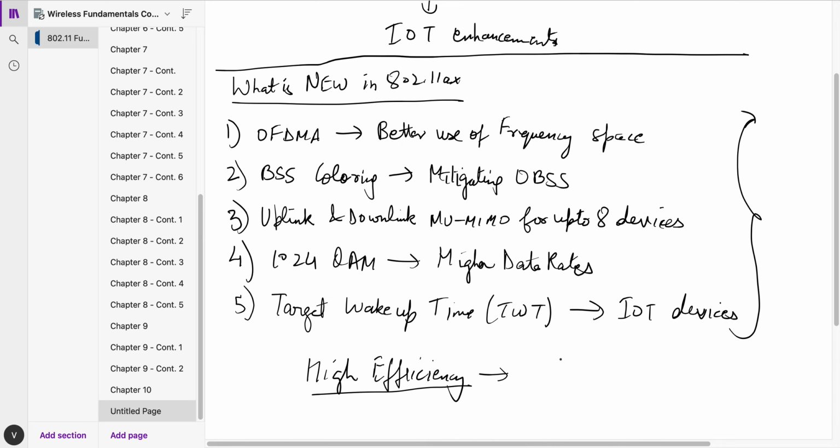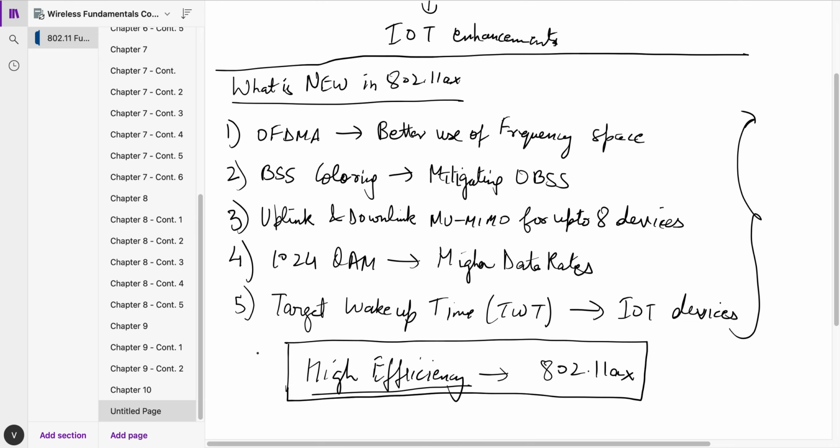Whenever we talk about .11ax, people will say, oh, AX, which means I'm going to get great throughput, a lot more channel width and a lot more throughput data rate. No, it's not about that. AX is all about how we can better manage the traffic already flowing in the network.